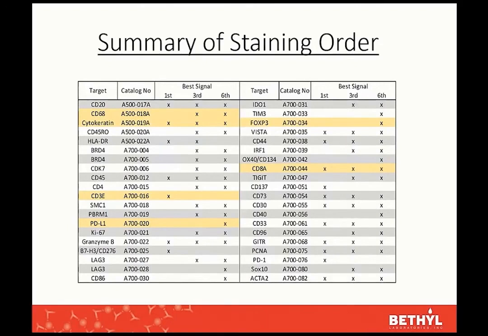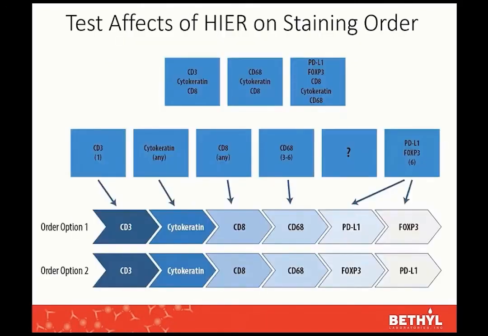The antibodies that are in tan are what we're going to choose to build our panel. So we just simply use the table to fill out our order. CD3 likes to be up front, cytokeratin and anti-CD8 can be at any position, front or back, and PD-L1 and FOXP3 like to be at the end.